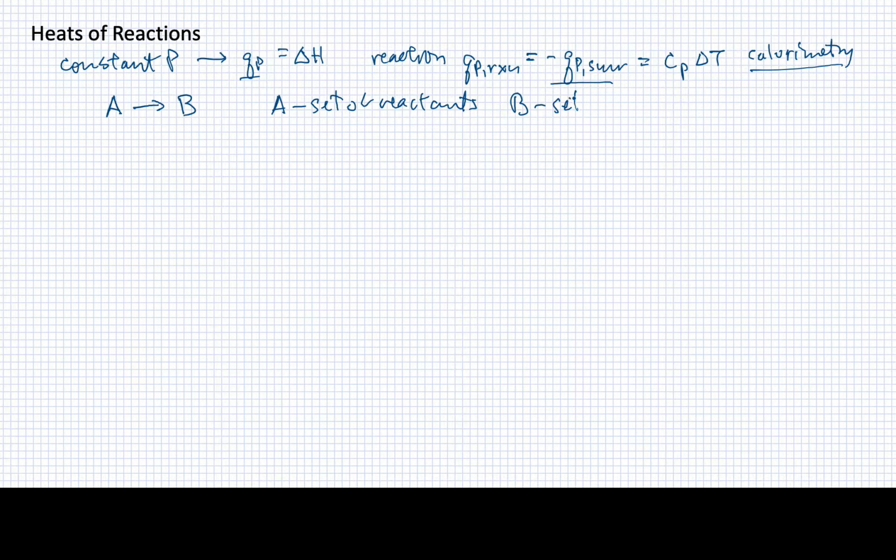I don't want to get tied down in rewriting over and over again some long list of reactants and products. But A goes to B just represents a general reaction going from reactants to products.